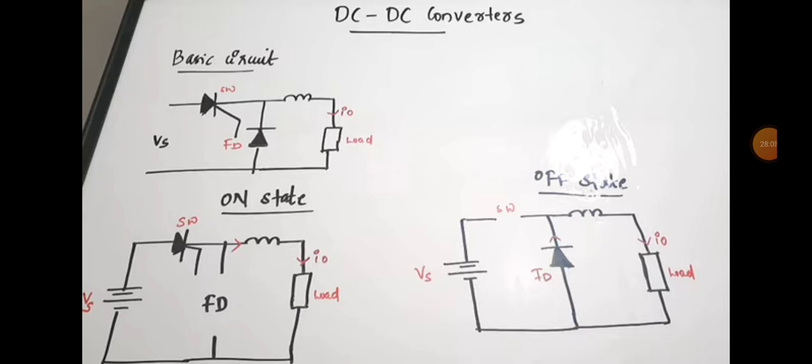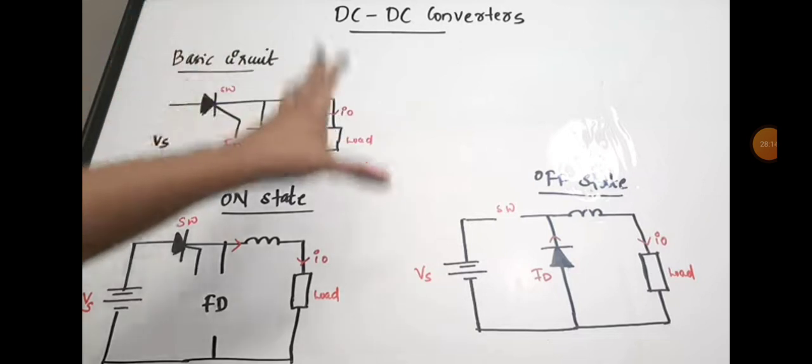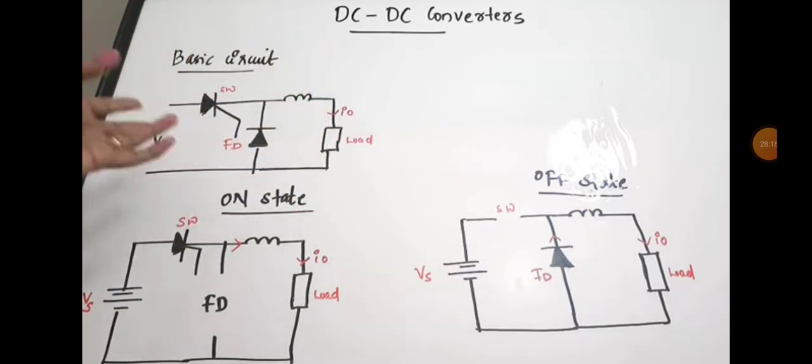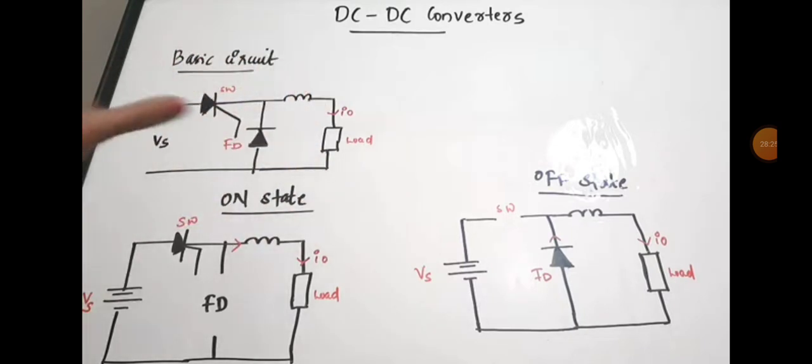So the triggering mechanisms are used here to turn this SCR on and off, and hence the circuit works. But in the circuit diagram, we are not drawing the triggering mechanisms, to avoid complexity. So you should know that this is the basic structure of a DC to DC chopper. Now let us see how the on state and off state is varied here.